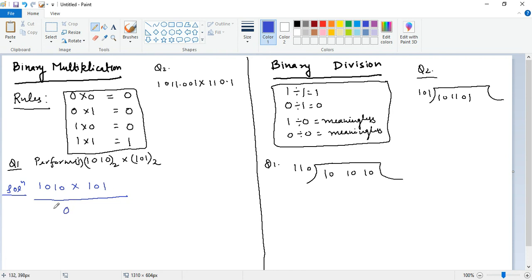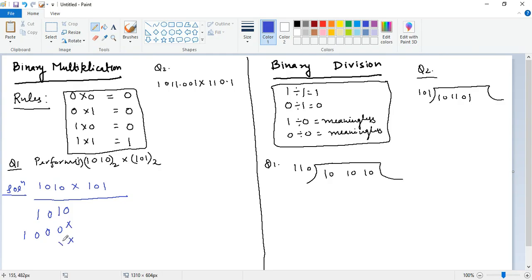This 1 into 1 means 1. 1 into 0 means 0. 1 into 1 means 1. Right? Now, 0 into 0, 0. 0 into 1, 0. 0 into 0, 0. 0 into 1, 0.